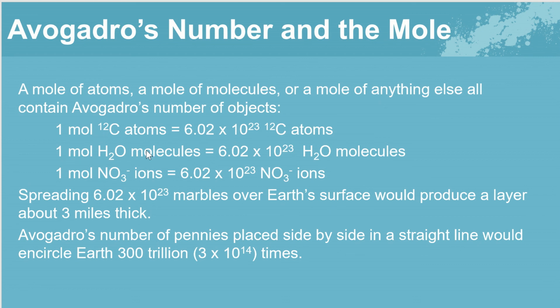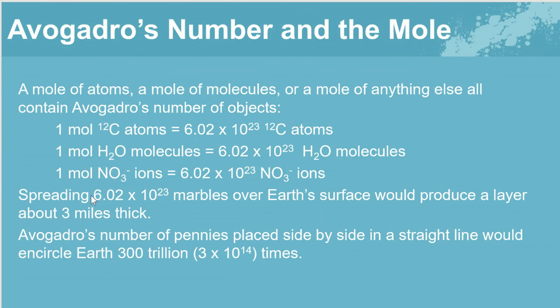And 1 mole of water molecules is equal to 6.02 times 10 to the 23 water molecules, and 1 mole of nitrate ions is equal to 6.02 times 10 to the 23 nitrate ions, right? So notice here that 1 mole is equal to 6.02 times 10 to the 23 of either atoms, molecules, or ions, right?